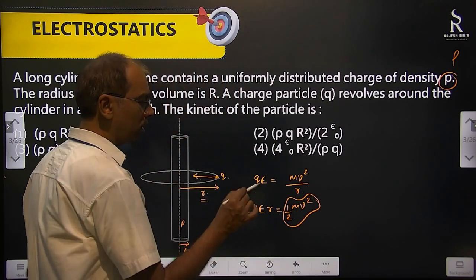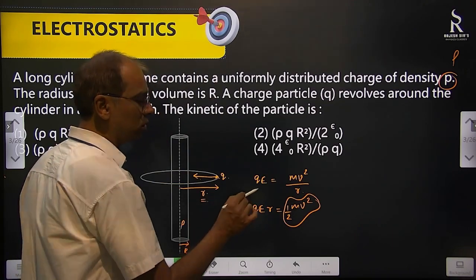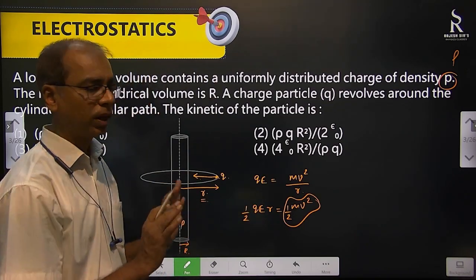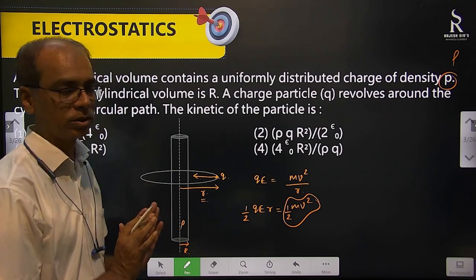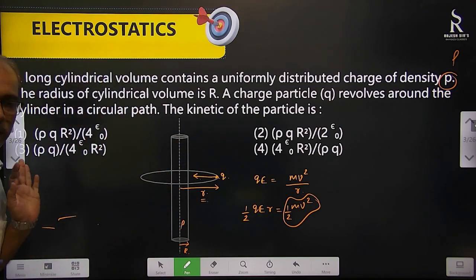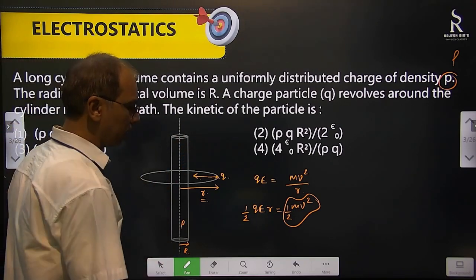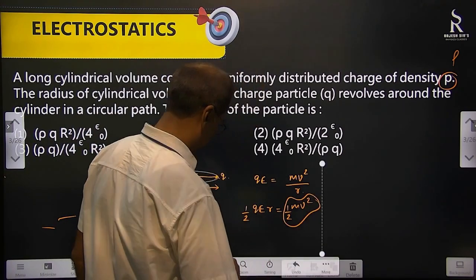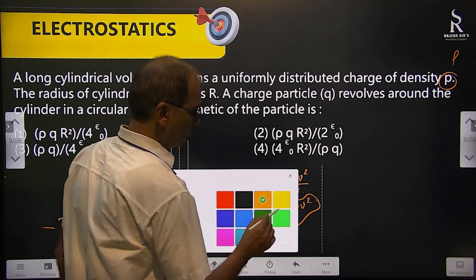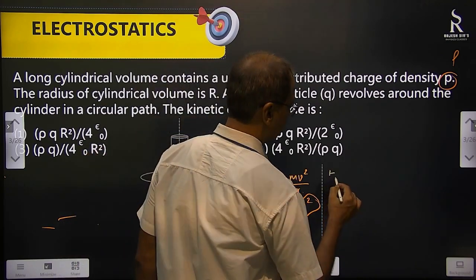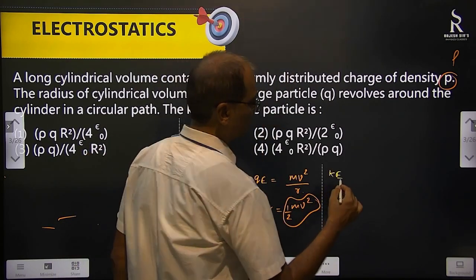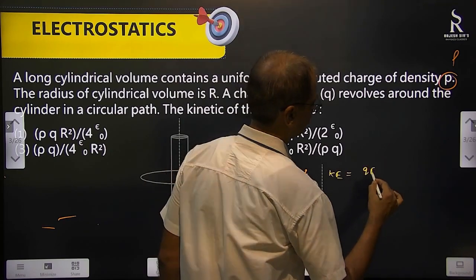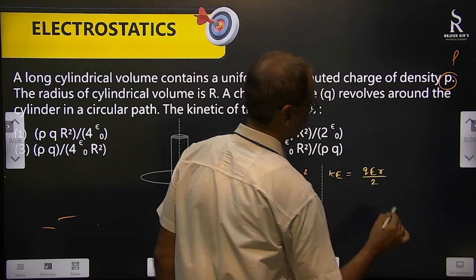What I got is that kinetic energy is actually q into E into r by 2. That is qEr by 2.